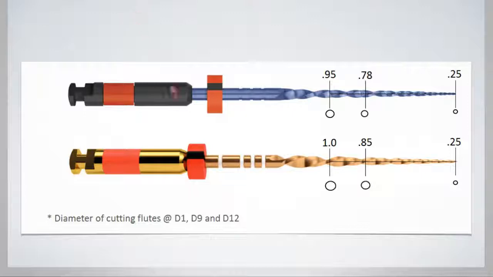If you compare them with the existing WaveOne Gold file, which is a very good file, these are a little bit less thick coronally, so they remove a little bit less dentin, because the WaveOne Gold file is designed primarily to work well with thermoplastic obturators.